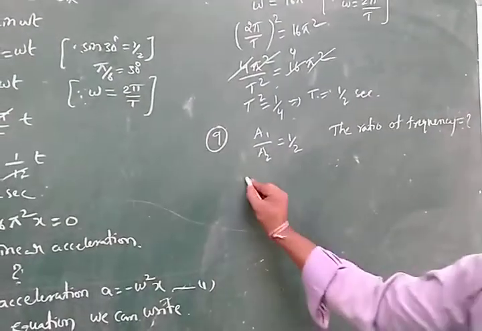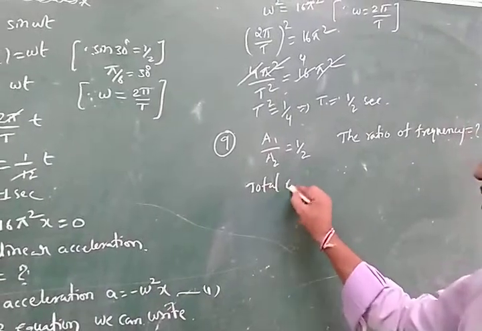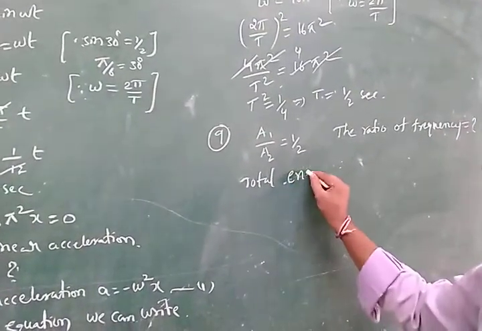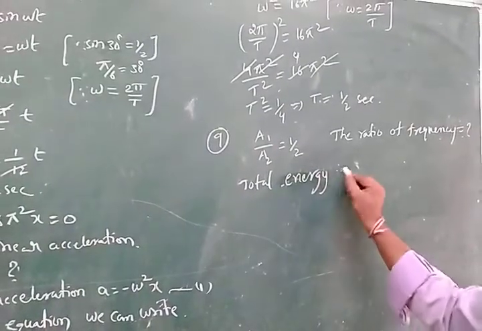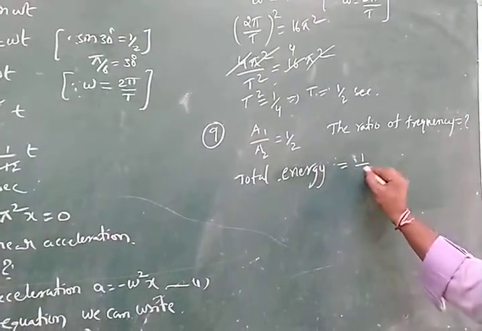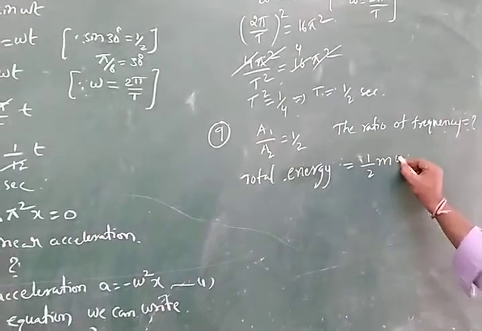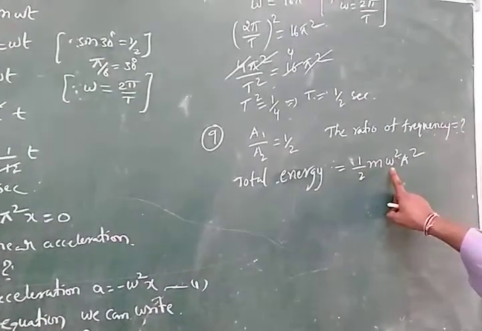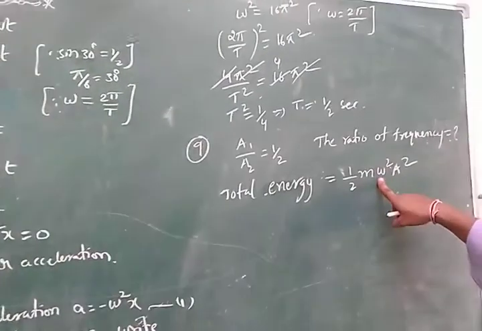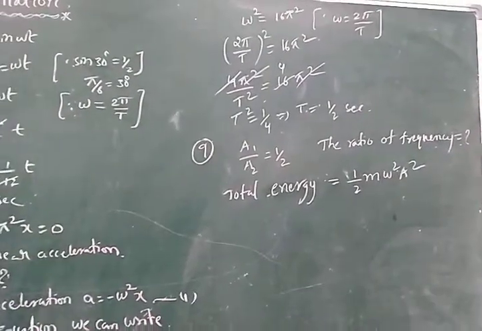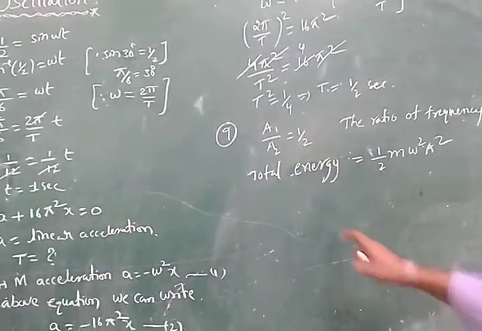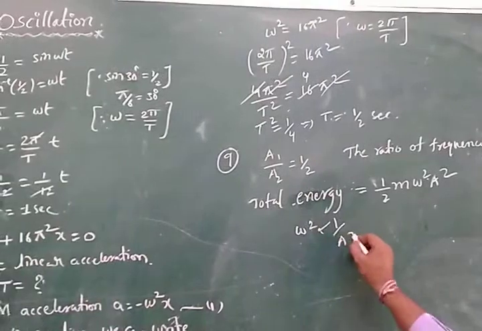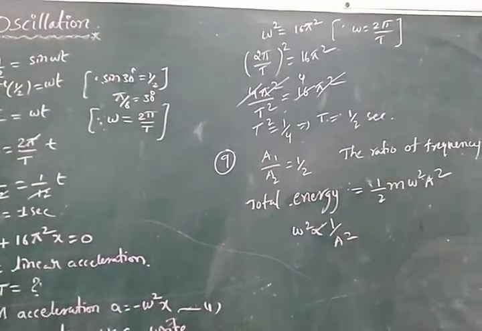So we know that total energy is equal to, what is the formula? 1 by 2 m omega square into A square. Here omega is nothing but angular frequency or angular velocity, and A is the amplitude. We can write that omega square is inversely proportional to the square of the amplitude.